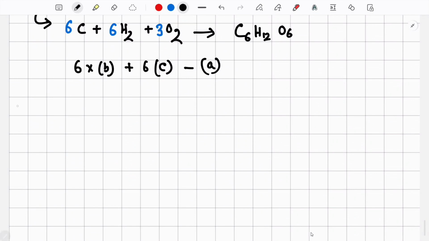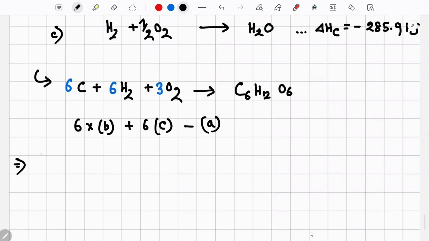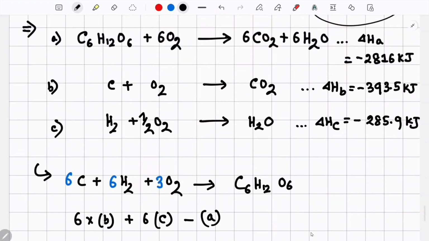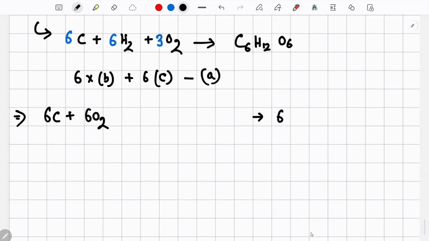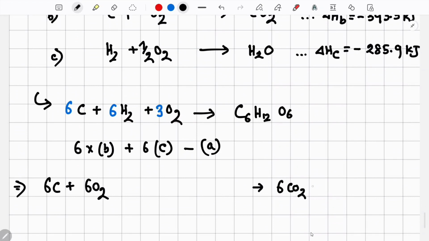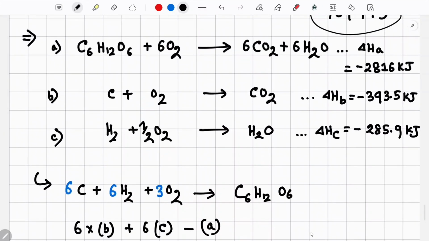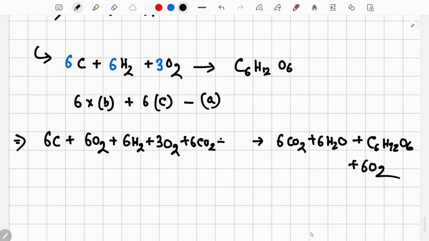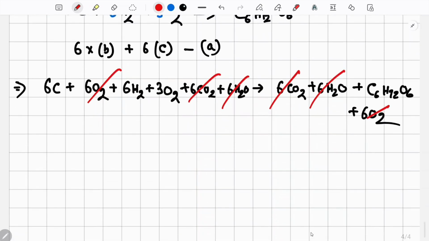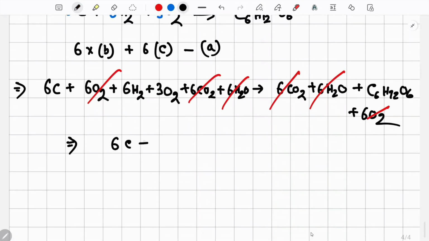Just do it. 6B means 6C plus 6O2 gives 6CO2, and 6C gives 6H2 plus 3O2 gives 6H2O. The backward A means C6H12O6 plus 6O2 gives 6CO2 plus 6H2O on the other side. So it is forming, right?